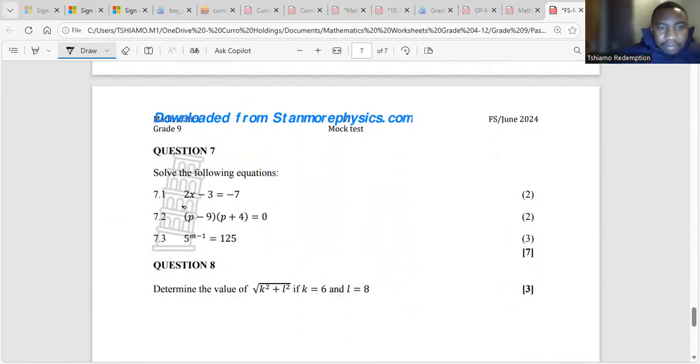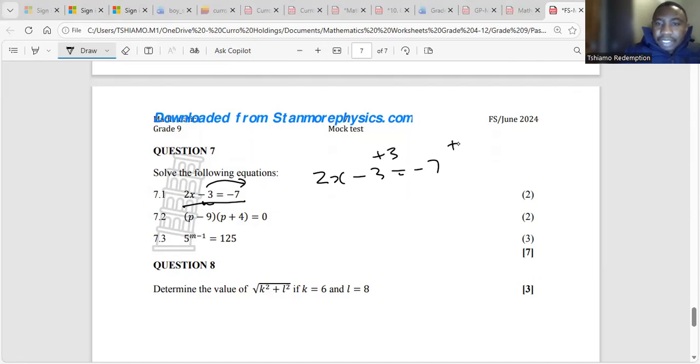So solve for x, basic one. Take the constants to one term. We're transposing the -3 to the other side, it becomes positive, or you can say the additive inverse of -3, which is +3. So we're adding 3 on both sides.